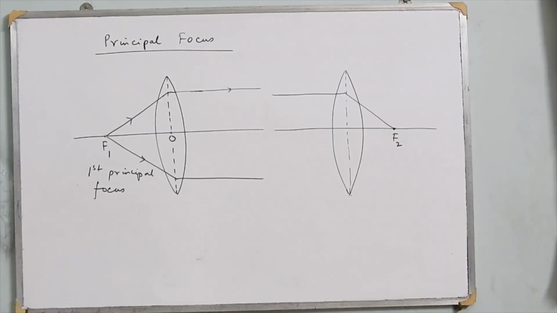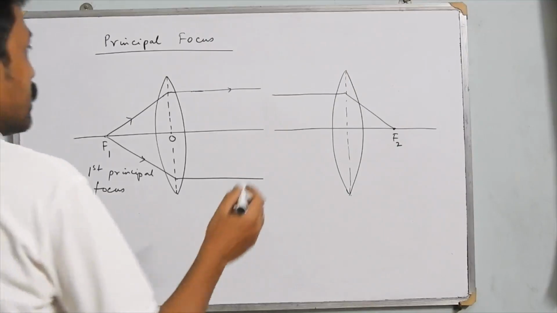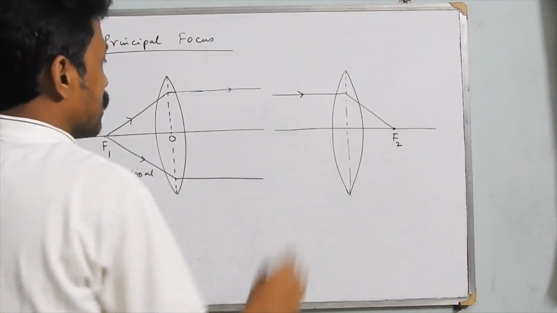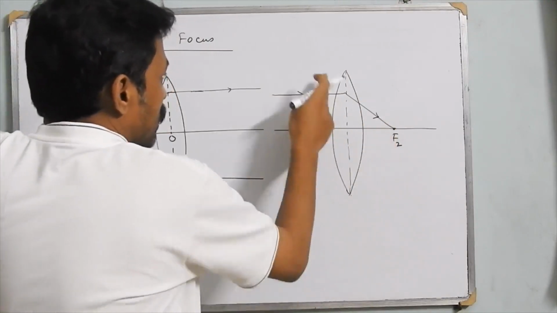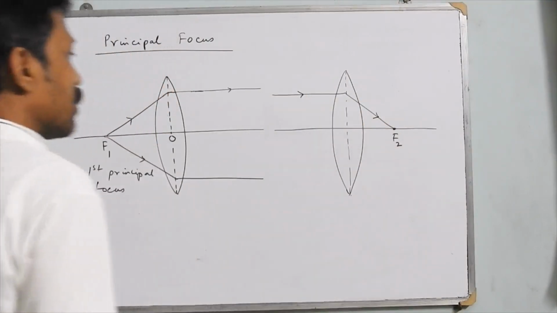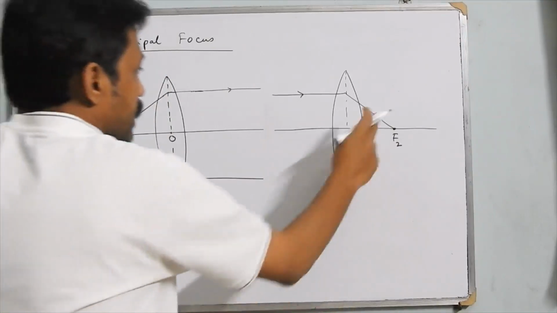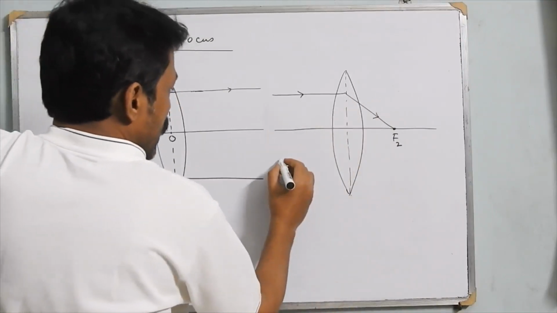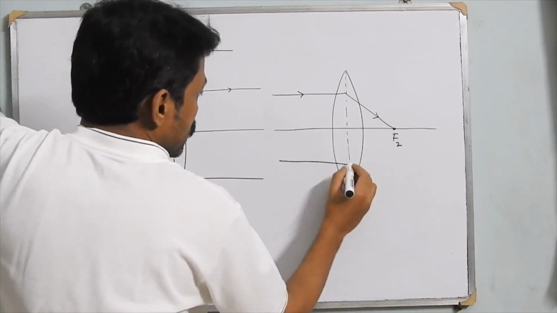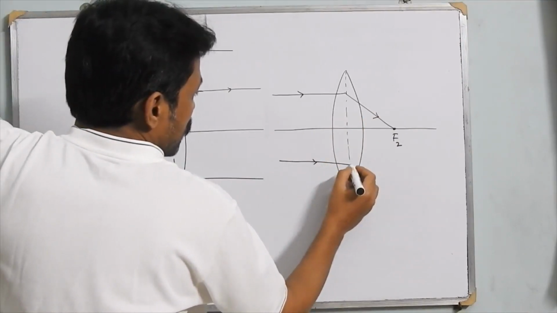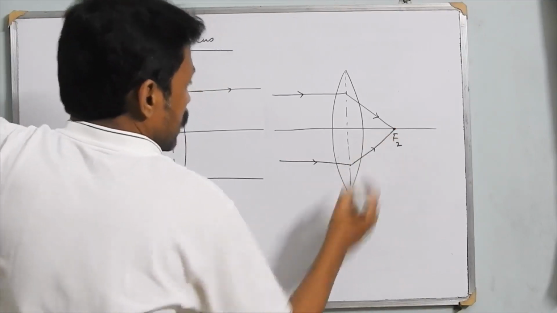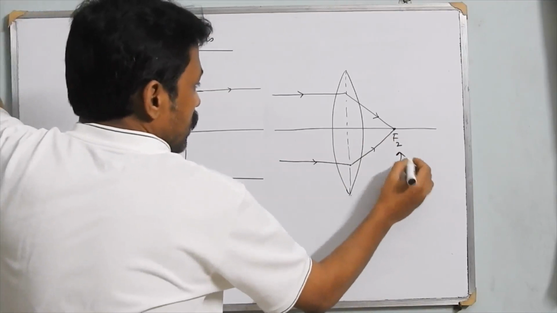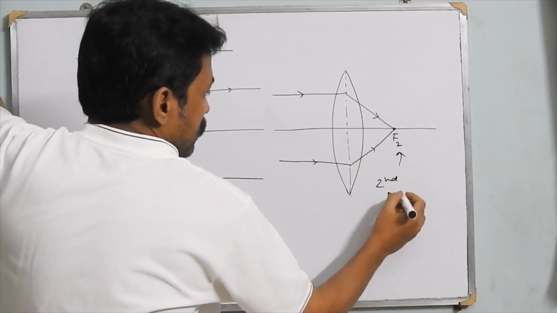So a ray of light parallel to the principal axis, after refraction at the lens surface, meets at some point on the principal axis, then it is called the second principal focus. If I take another parallel ray below the principal axis, the same will happen. After refraction at the lens surface, it will meet at a point on the principal axis, and this point is called the second principal focus.